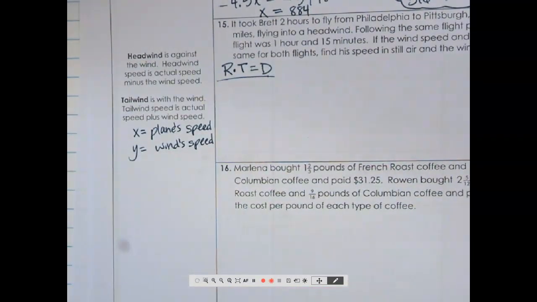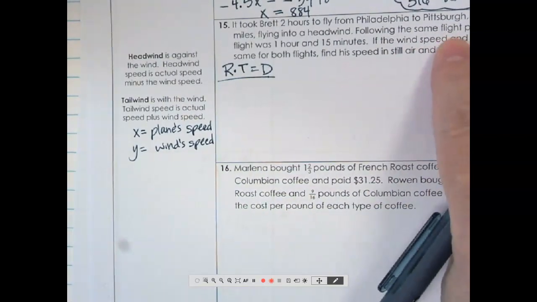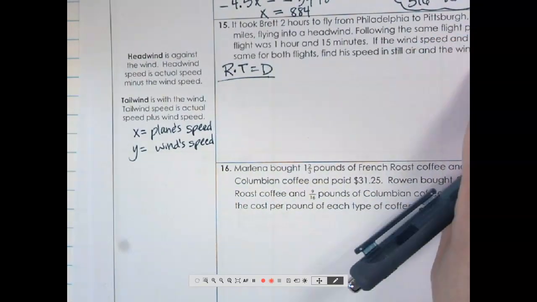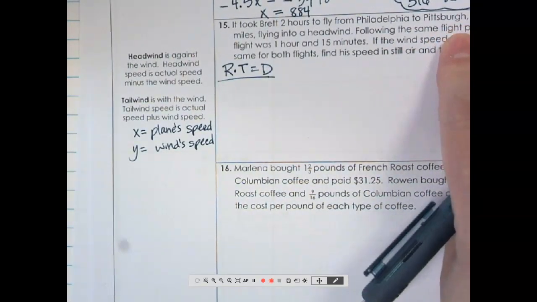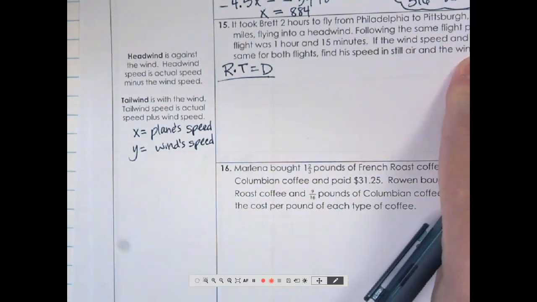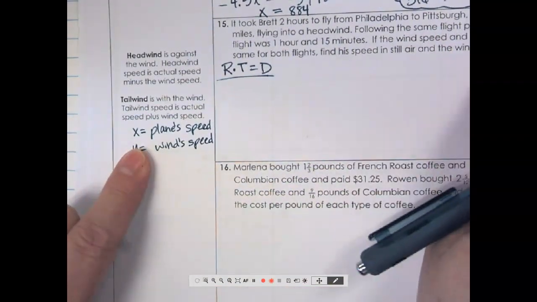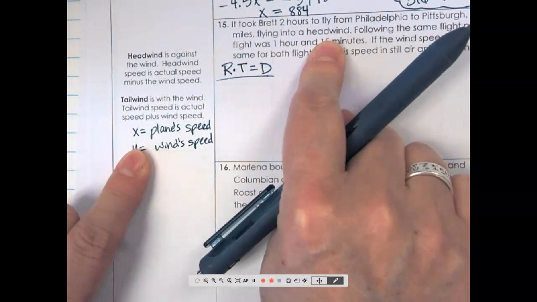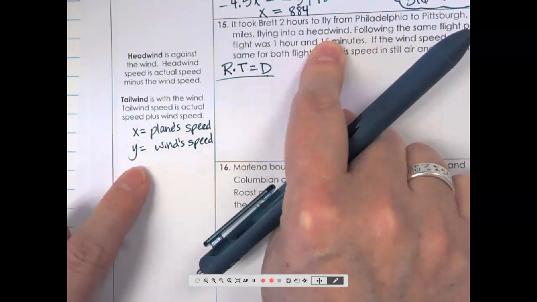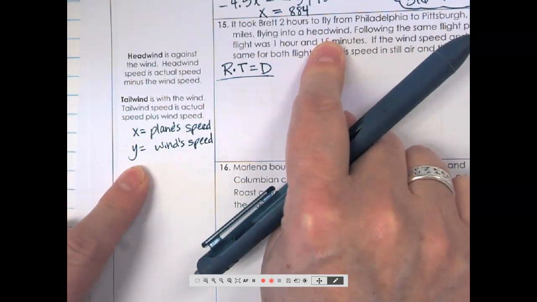Okay, so let's talk about when he goes to Pittsburgh, the first leg of this trip. Okay, what is the rate that he's flying? Well, we don't know. But since he has headwinds, the plane speed will be slowed down by the wind speed.